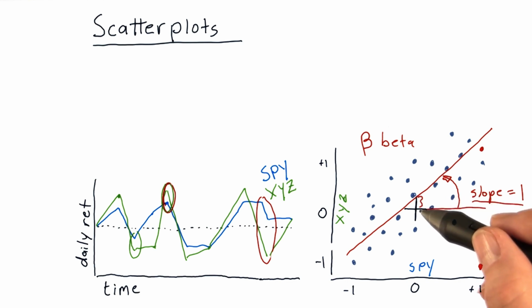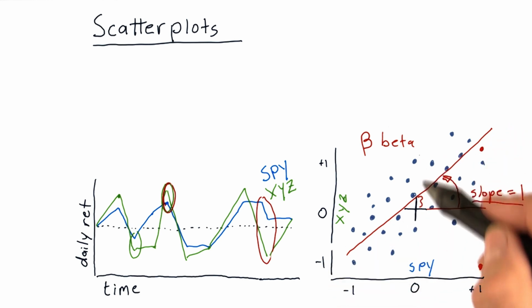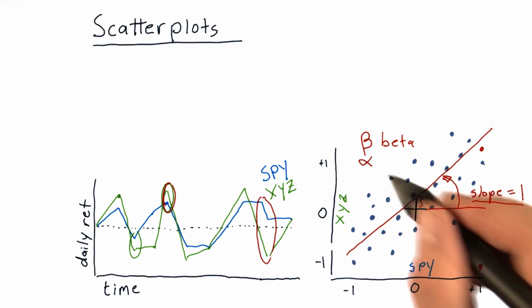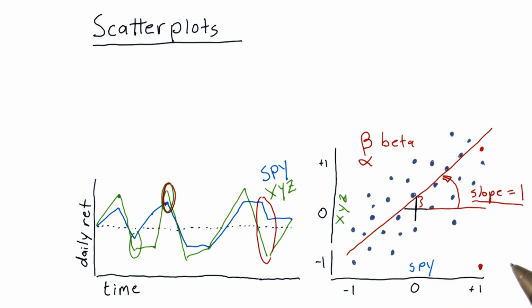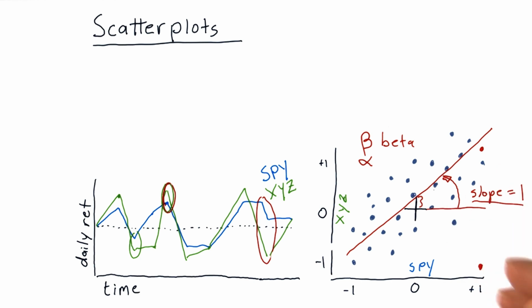There's another factor you can see here when you look at where that line intercepts the vertical axis. That is called alpha. You've probably heard about alpha in investing circles, and what that means is that if alpha is positive, this stock is actually, on average, performing a little bit better than the S&P 500 every day.